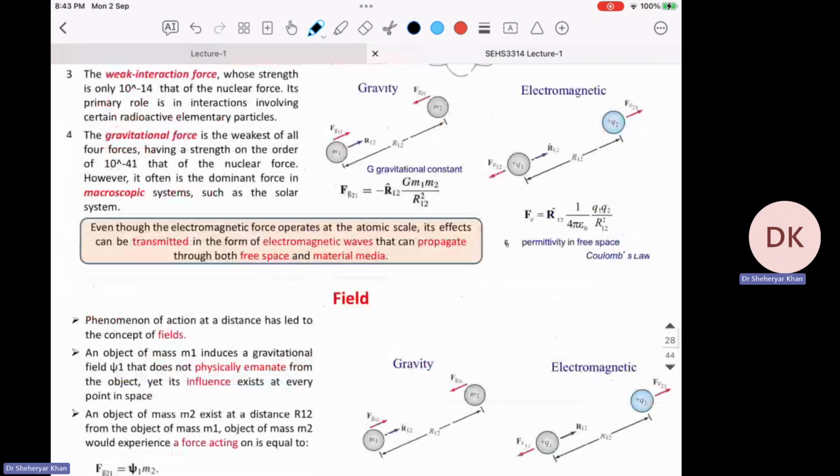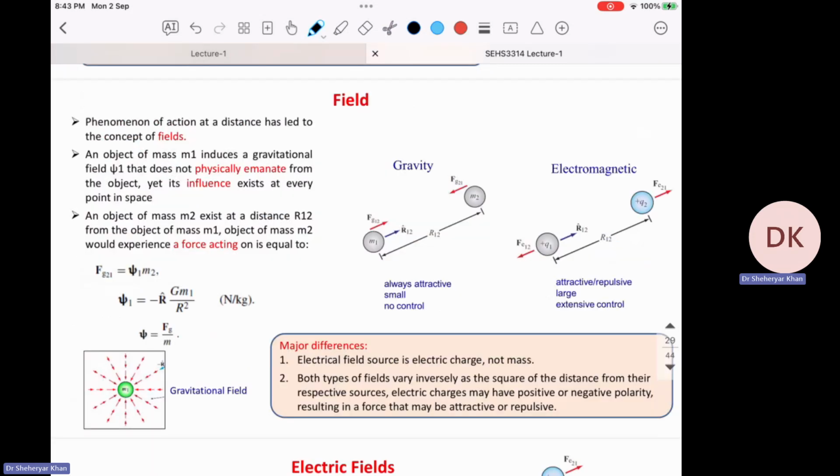But look at this one. We are now going to derive the concept of field, right? So we know from the previous formula that force is equal to charge 1, charge 2 over 1/4 pi epsilon naught r square, right?